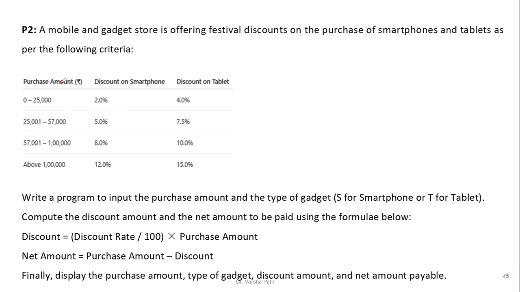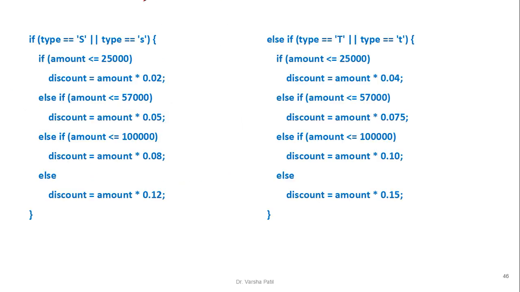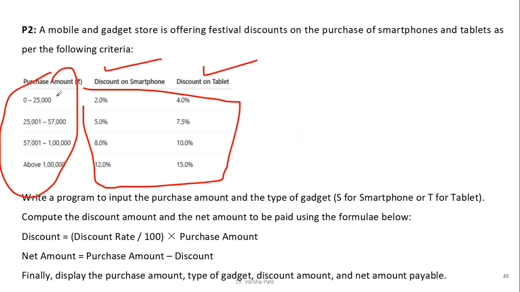Now see, a mobile and gadget store is offering a festival discount on purchase of smartphones and tablets. So either the user can go for the smartphone or tablet, and this is the purchase amount, and based on the purchase amount, this is the discount criteria. Now see how to write the program. Either you can go for smartphone or you can go for tablet.